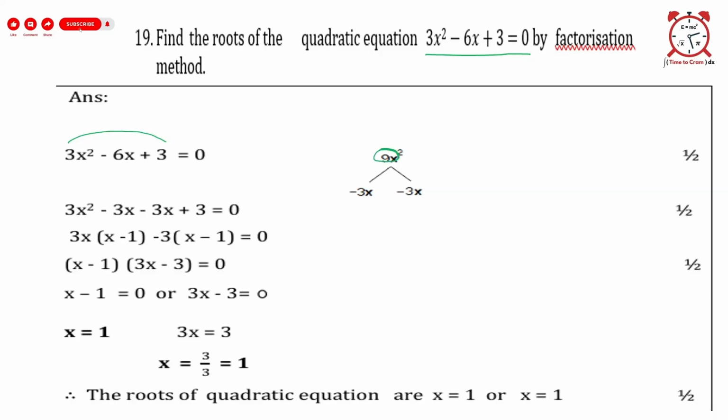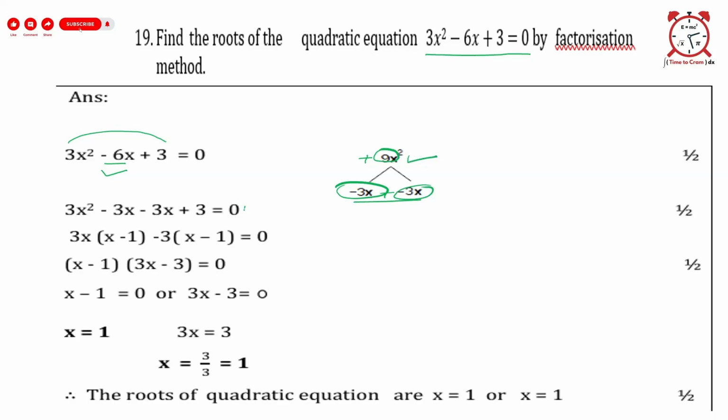So you have to factorize 9 such that their addition or subtraction must be the middle term, minus 6. So minus 3x and minus 3x are the split of the middle term. If you add them, you get minus 6x, and if you multiply them, you get 9x square.